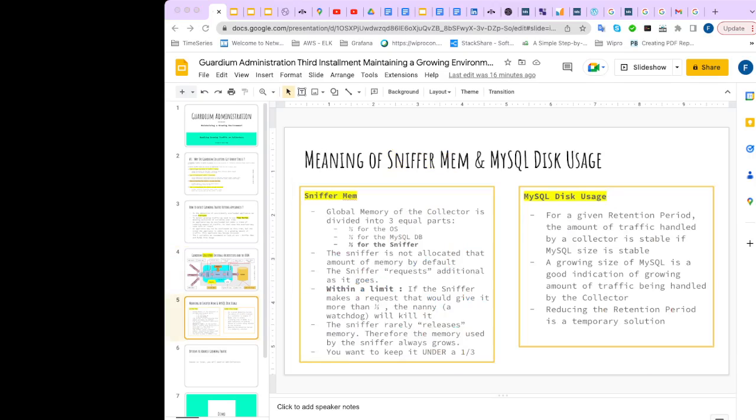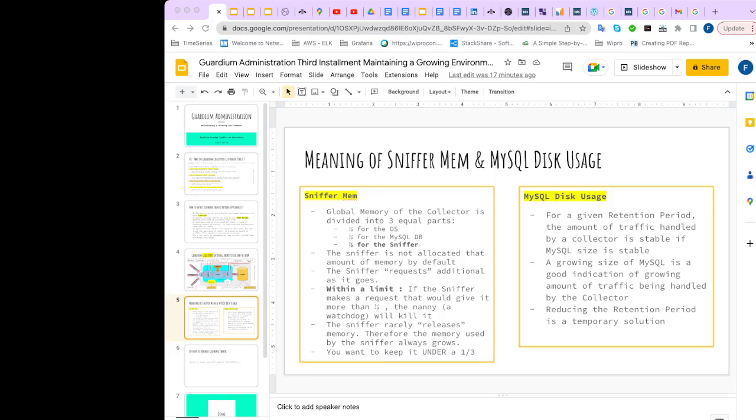So let's look first at the sniffer memory. The global memory on the collector is divided by Guardium into three equal parts: a third for the OS, a third for the MySQL database, and a third for the sniffer. So the sniffer is limited to a third of the memory.